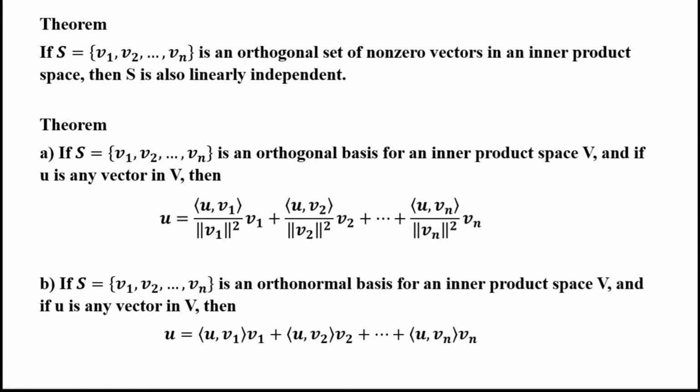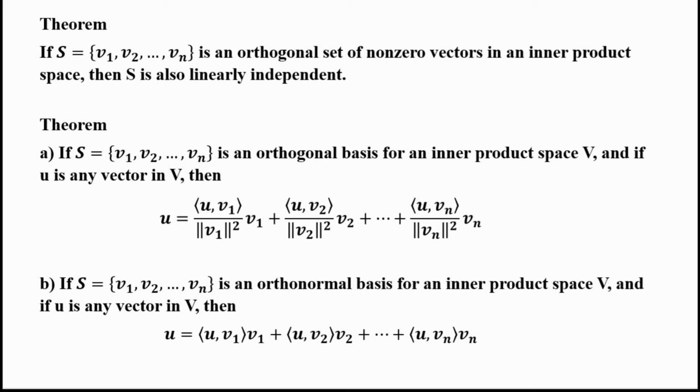The theorem that we start off with is something we've been building in the previous chapter, as we started with the introduction to vector spaces. Let S be a set that has n vectors.